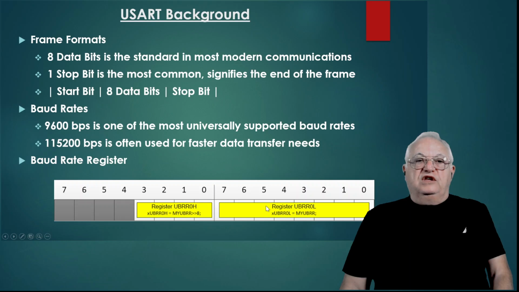We have the UBRR0L, the low 8-bit register, which contains the first 8 low bits, and then we have the UBRR0H, which contains the high 4 bits. So we have a total of 12 bits where we place the result of the calculations that we did for the UBRR0.